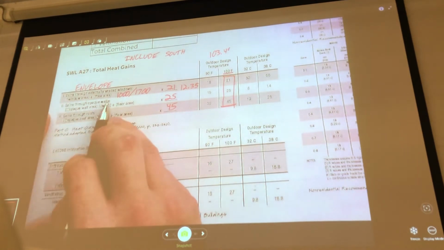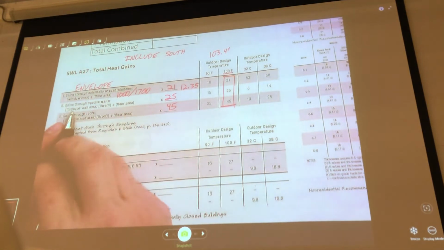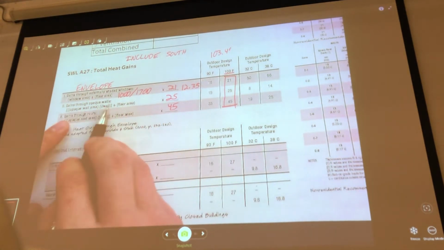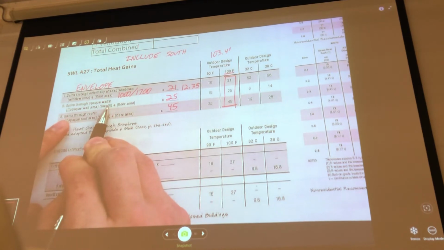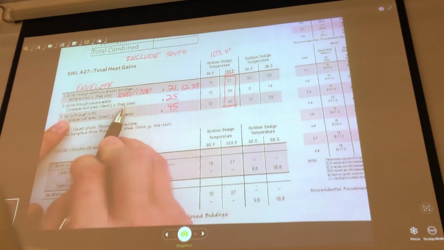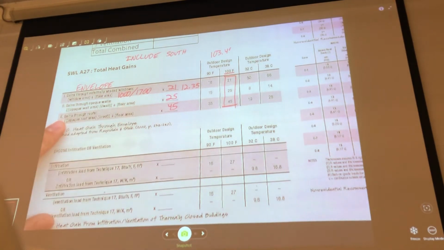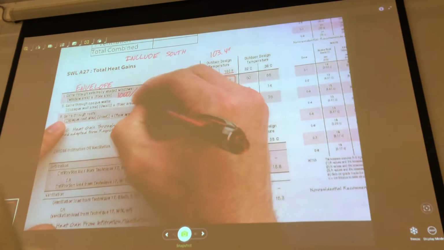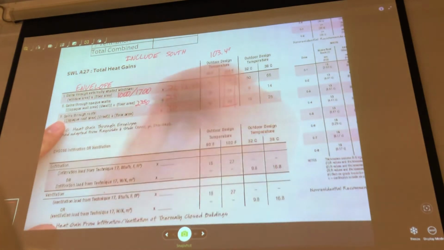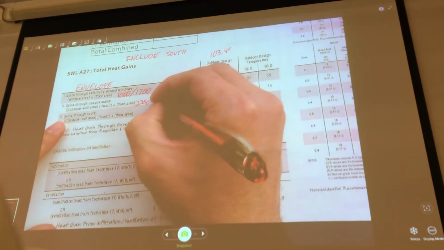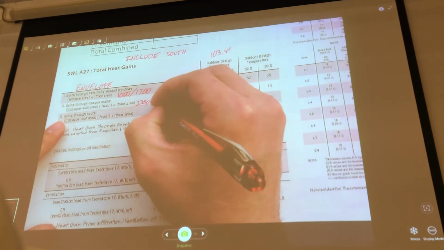Now I'm going to go for my opaque walls. We're going to take our opaque wall area, multiply it by our U value of the wall, and divide that by our floor area. So my opaque wall area total is 2,350 times 1 over 25.